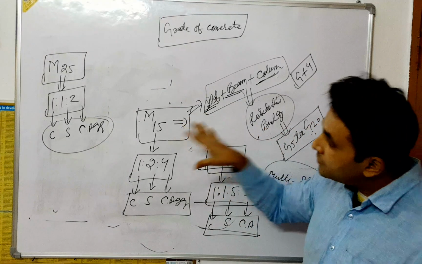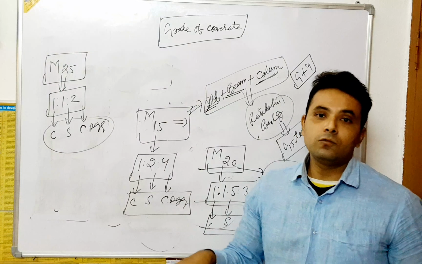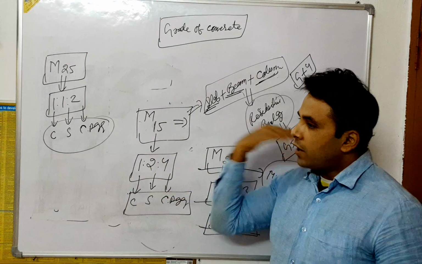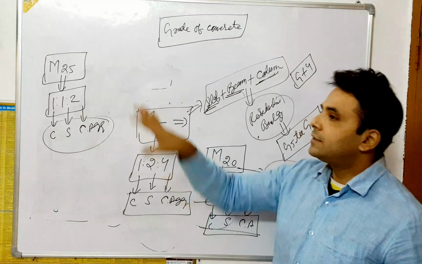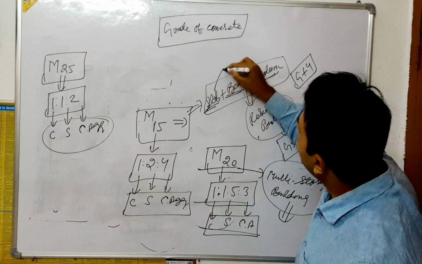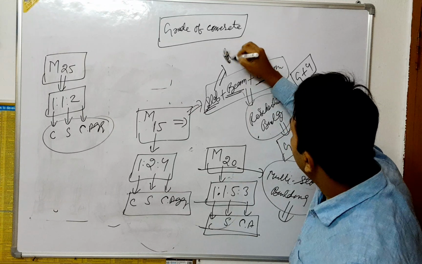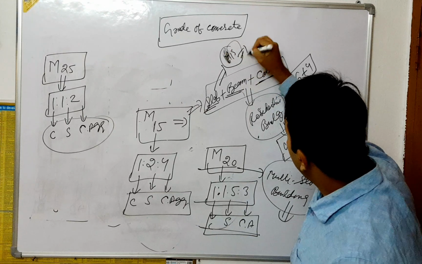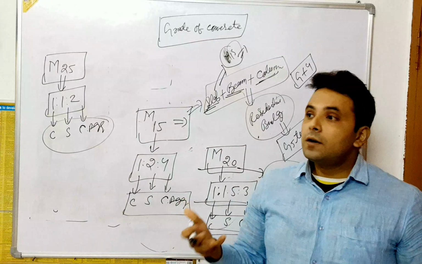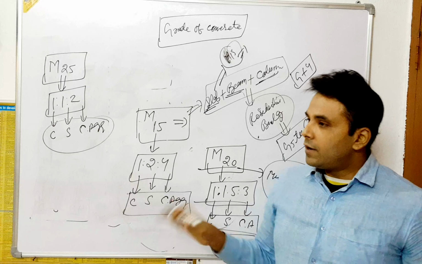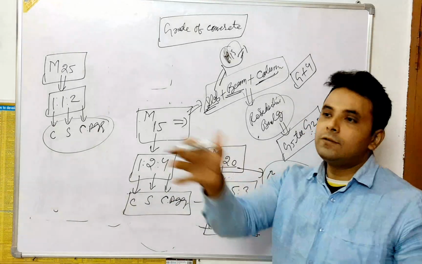This is very compulsory to know as a civil engineer, because when you are a site engineer and you have to construct any type of building, they will specify that for the slab you have to use M15. If you do not know the meaning of M15, then, because labor does not know anything, whatever you say, they will just do.